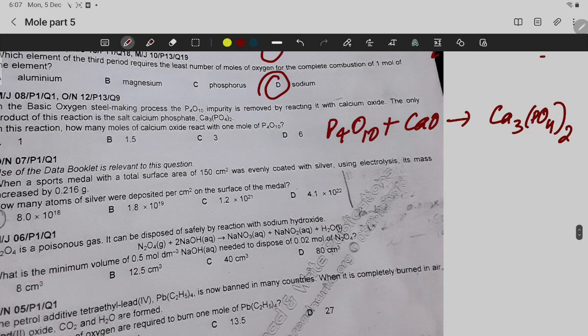So 2P, 2 × 4 is 8 oxygen. 3 Ca: calcium is 3, and phosphorus over here 2, over here 4. So balance this reaction.